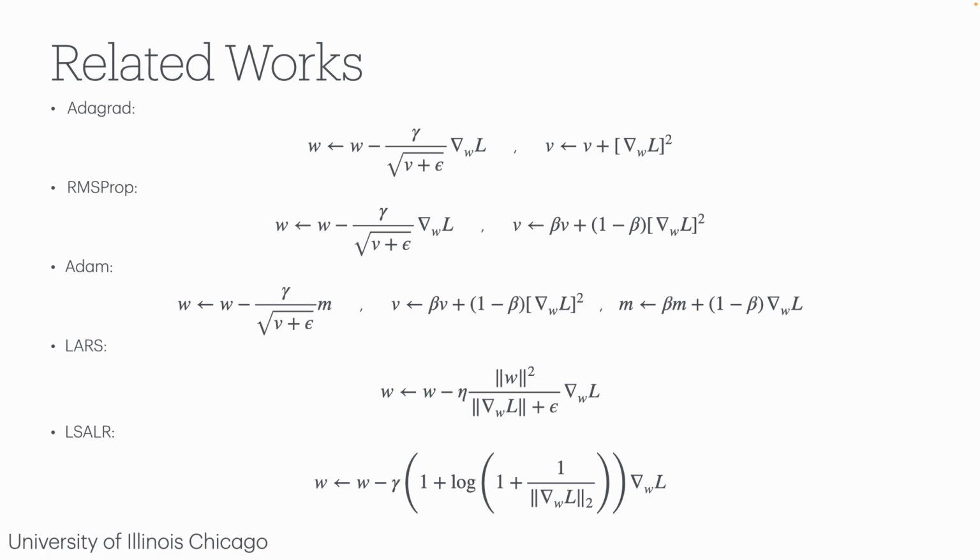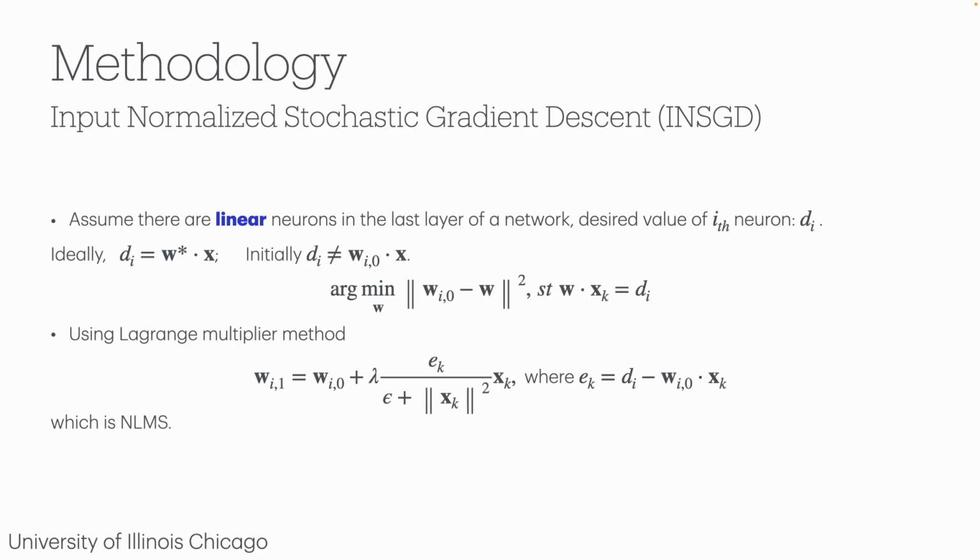Layer-wise adaptive rate scaling, abbreviated as LARS, uses the power of the layer weights for the update, making it layer adaptive. So layer-specific adaptive learning rate also utilizes the logarithm function to escape the saddle point. So the logarithm function is actually critical for our algorithm, which I will go into the details now.